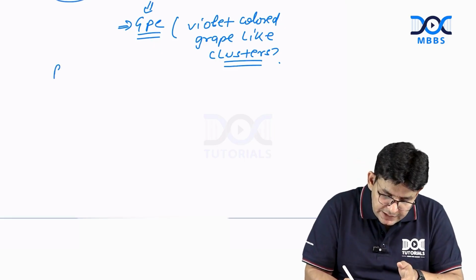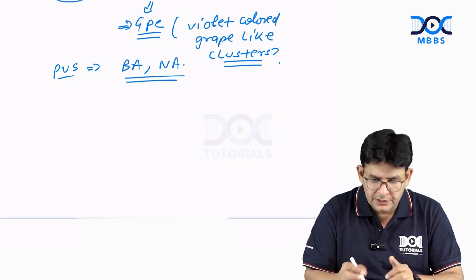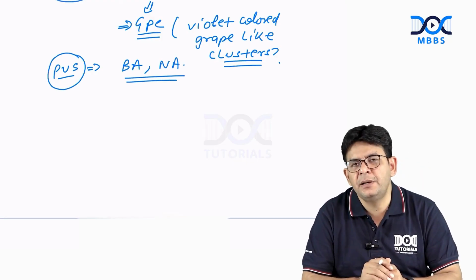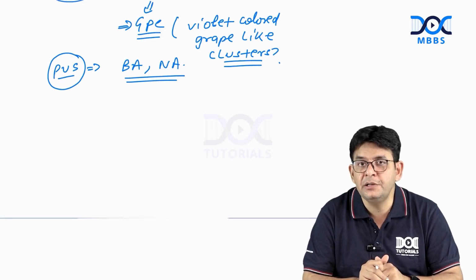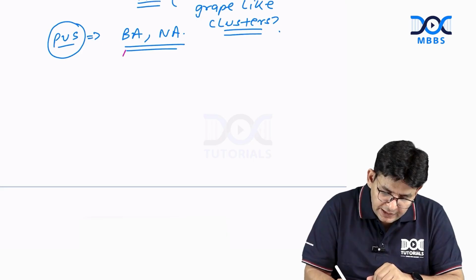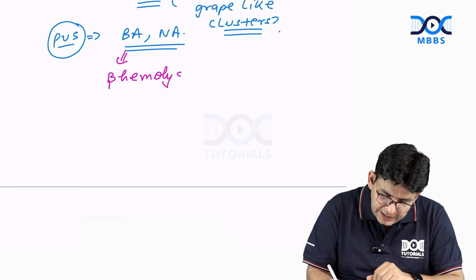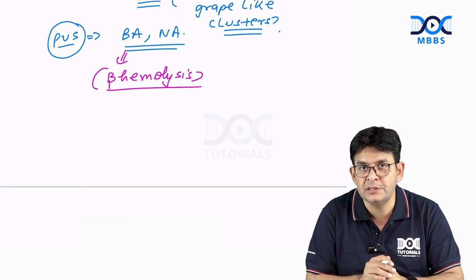Then you put this pus over the blood agar, or you can put it on the nutrient agar also. And what do you want to see in that? In the blood agar, you know that it produces which hemolysis the most? Beta hemolysis. Now, what is beta hemolysis?